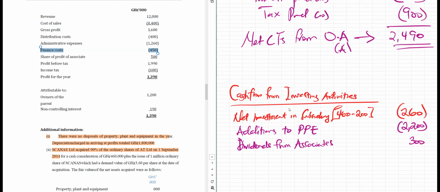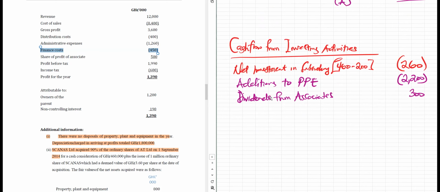Let's call this A. Then we have net cash flow from investing activity: net investment in subsidiary, addition to PP, dividend from associate. Were these the only investing activities? Yes.